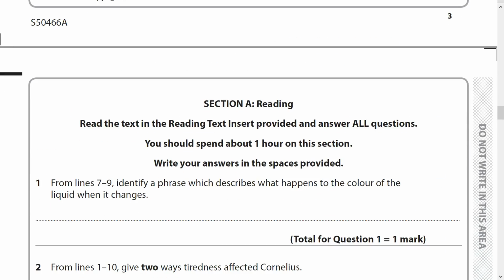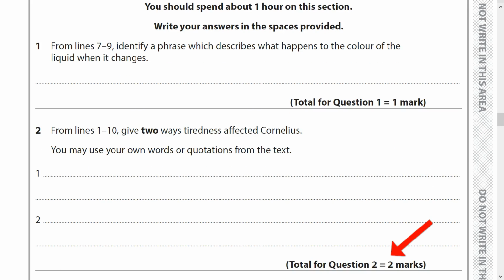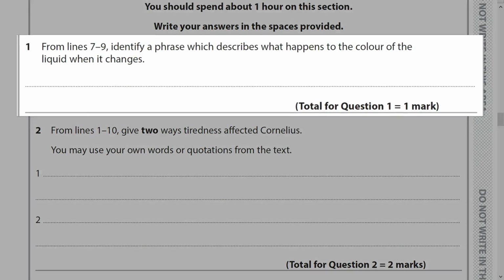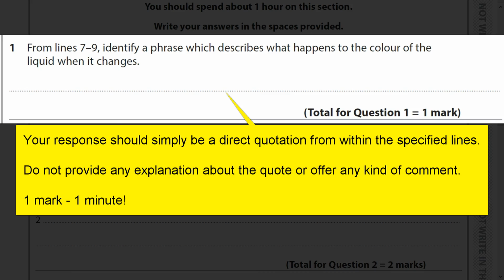And then when we come to the questions, you can see that questions 1 and 2 are low scoring, so they're worth 1 or 2 marks each. Both of these questions direct you to a very narrow section of the text, just a couple of lines, and question 1 will always ask you for a direct quotation.